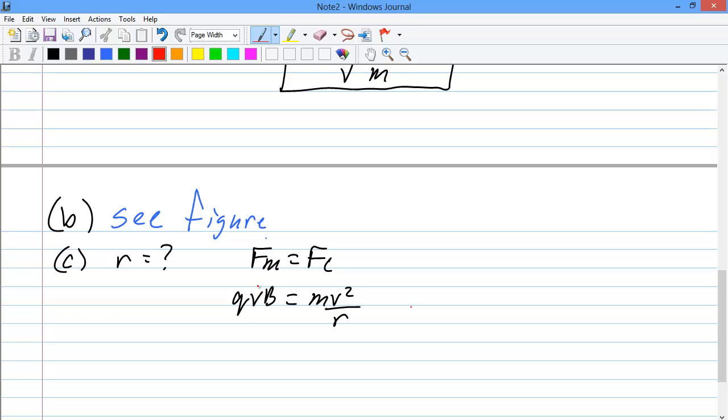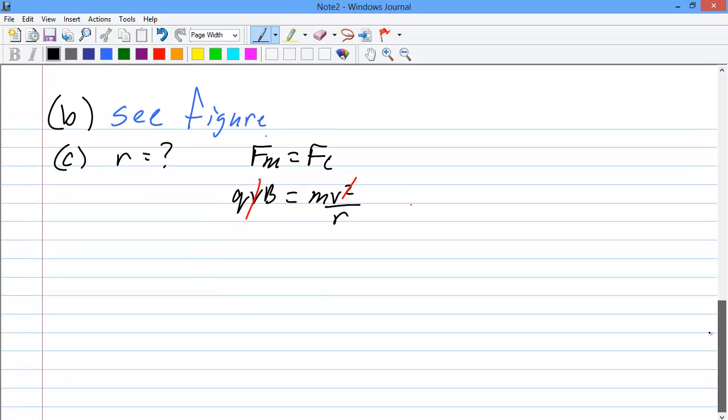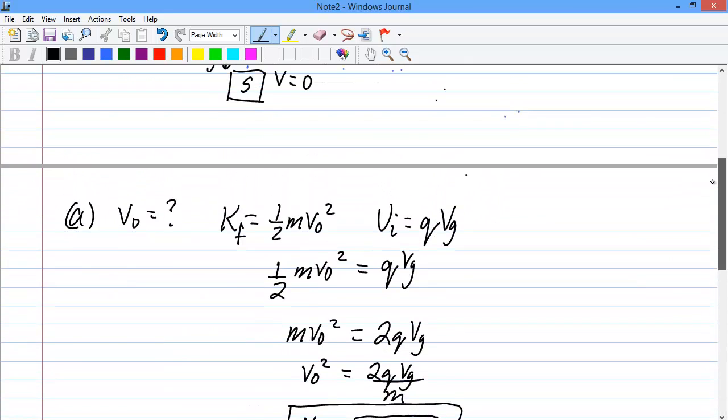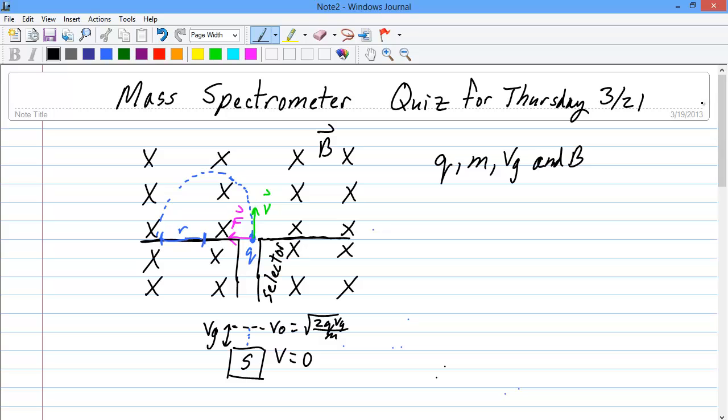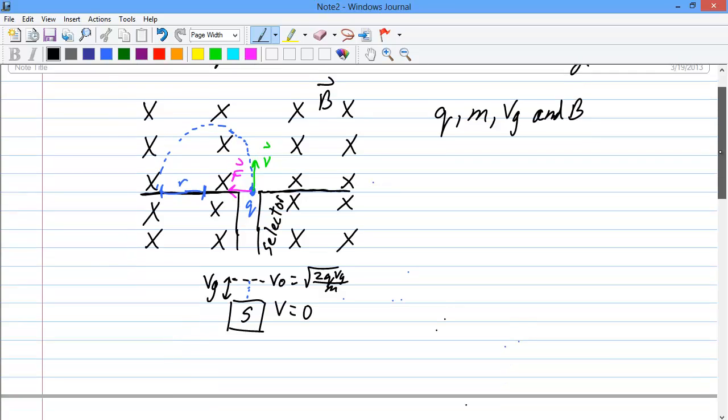You can see right away that I can cancel out a V from both sides. And now I can solve for R, which is mv over qB. However, that is not one of our fundamental quantities.